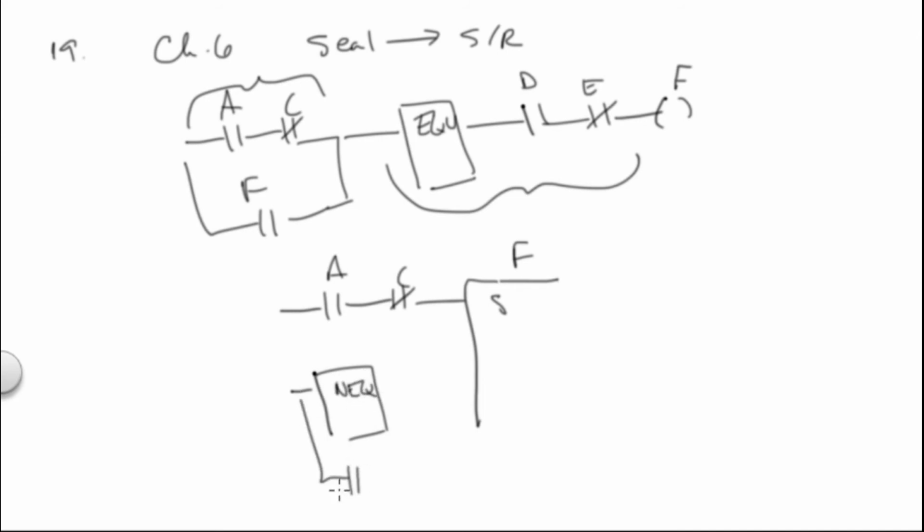D becomes ORed with not, as a not D, and E becomes as is. So basically the reset becomes not D, E, and not equals that equals statement. So that gives me my answer for that one. Okay.